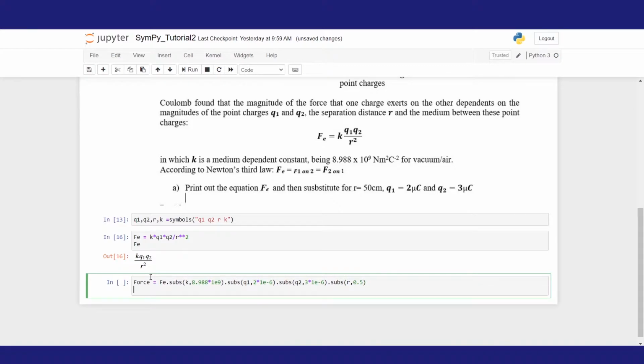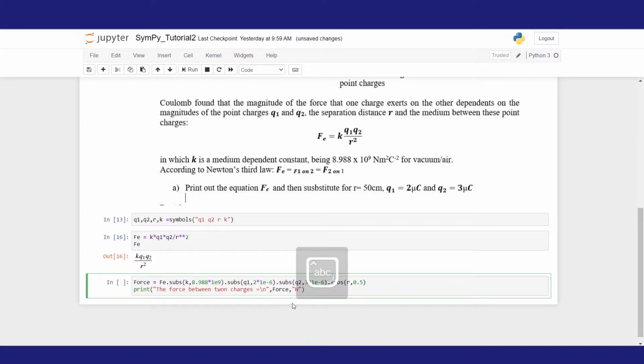So let's print out our variable force. I'm going to say the force between two charges equals, and I would need that answer to go on a new line, so I have that, and then comma, we print force, and this is going to have units of newtons.